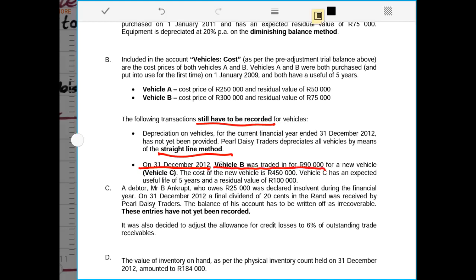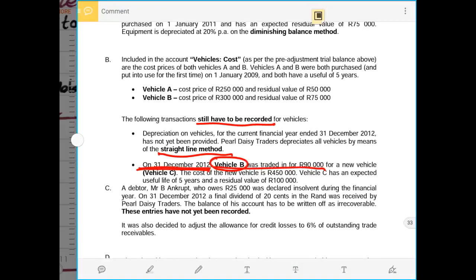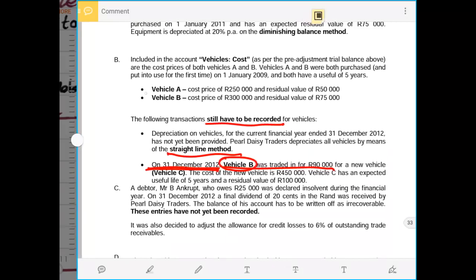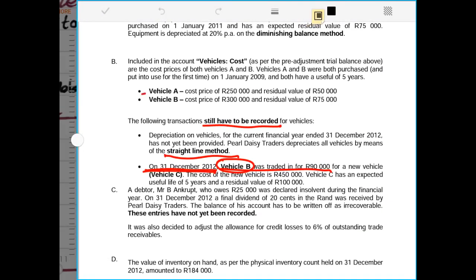That means motor vehicle B was there for the full current year, because this is the end of December 2012, the end of our accounting period. Obviously, motor vehicle A was also there for the full year, because it was not sold. Therefore, the depreciation for motor vehicle A and for motor vehicle B must be calculated for the full year.